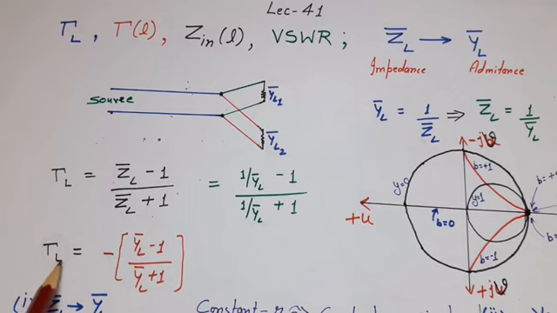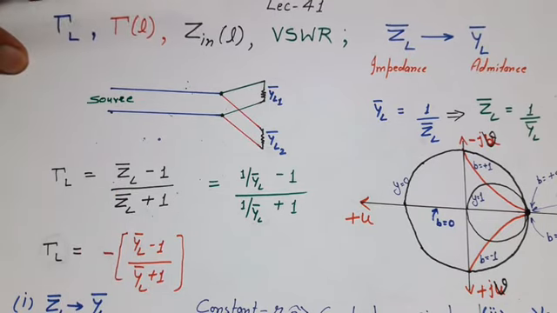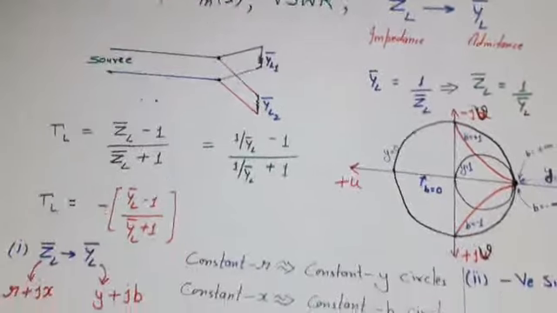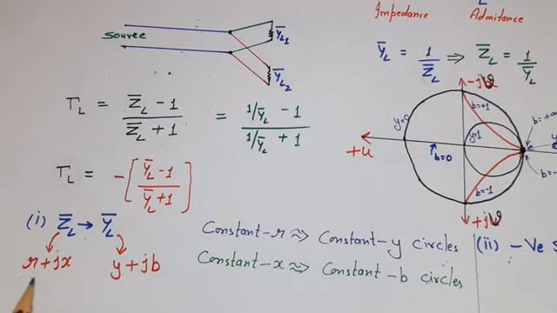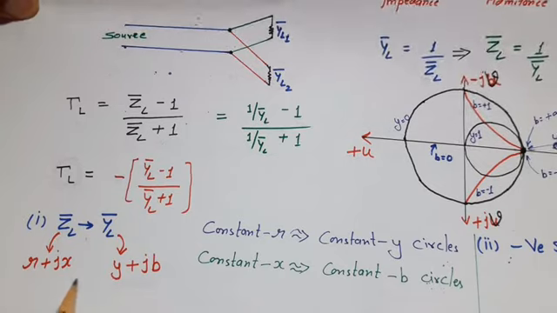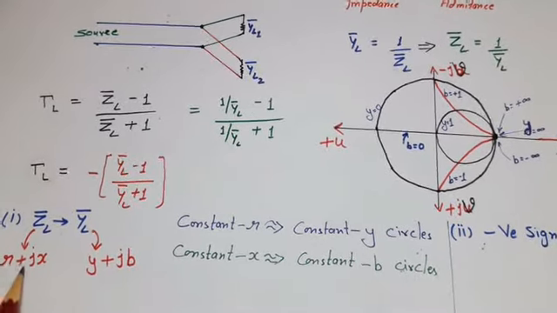So now if I compare these two equations, then there are mainly two differences. First one is ZL bar is replaced by YL bar. It means as we represented ZL bar is equal to R plus JX, now we represent YL bar is equal to Y plus JB. Now in our previous discussions, we represented constant R and constant X circles on Smith chart.